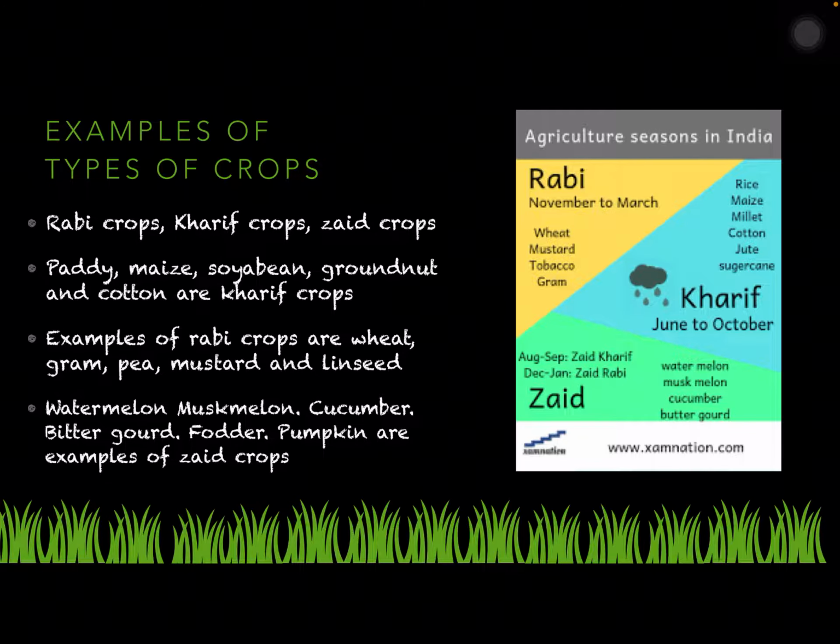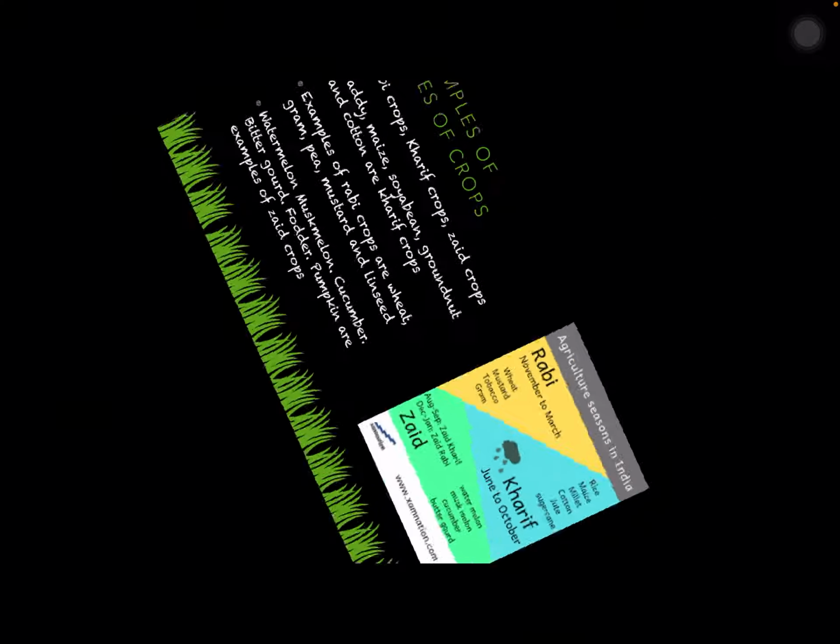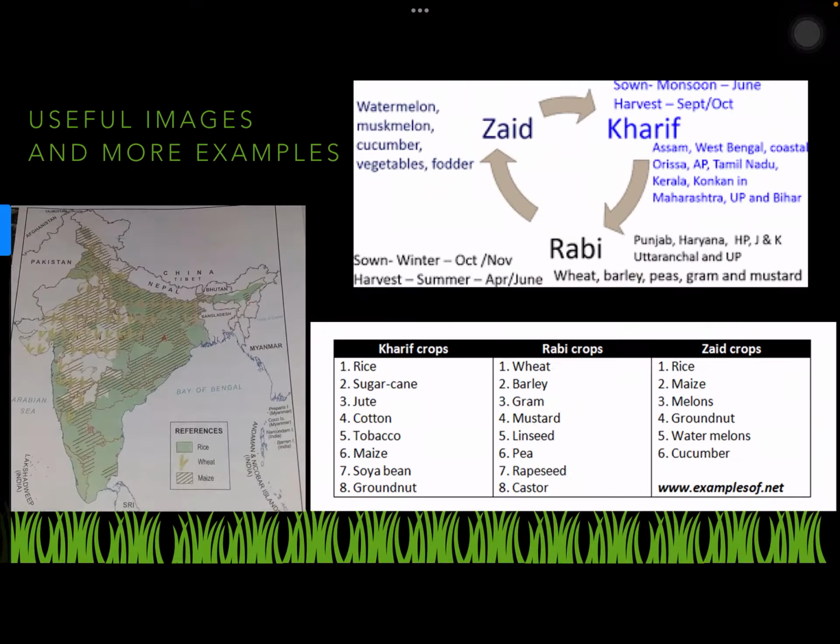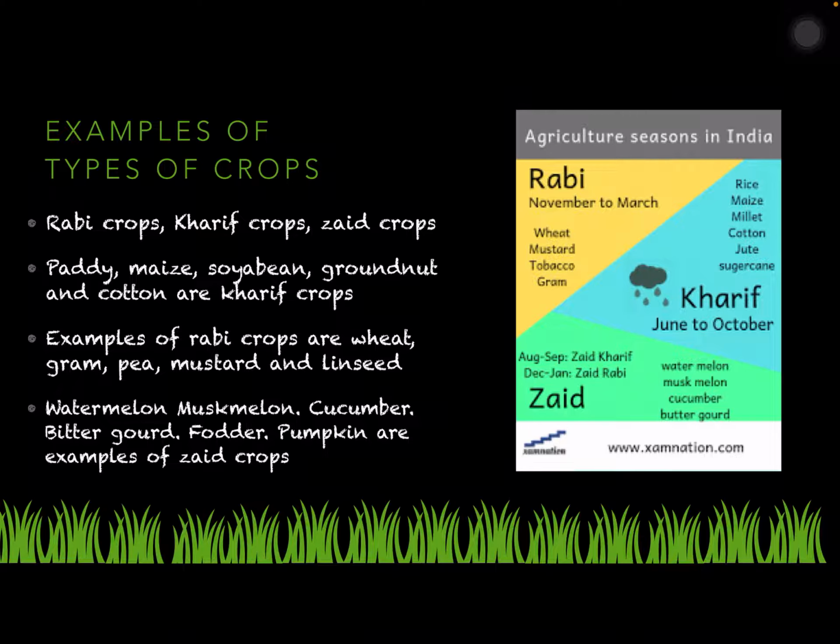Paddy, maize, soya bean, groundnut, cotton are Kharif crops. Examples of Rabi crops are wheat, gram, pea, mustard, and linseed. Watermelon, muskmelon, cucumber, bitter gourd, fodder, pumpkin are examples of Zaid crops.